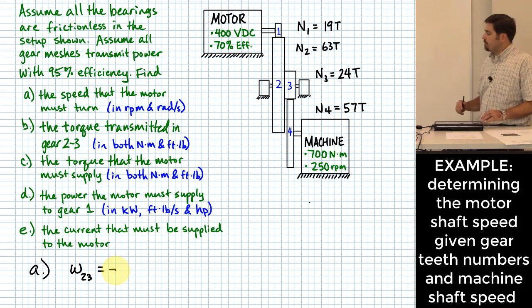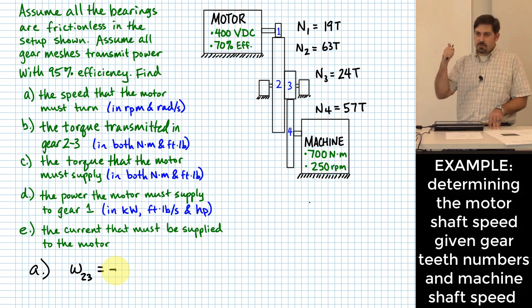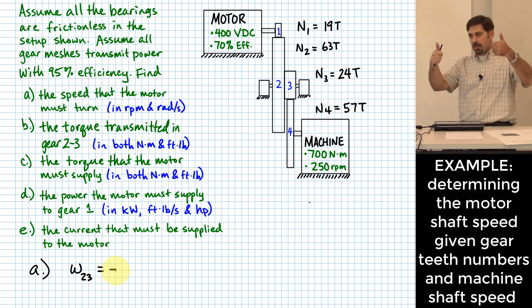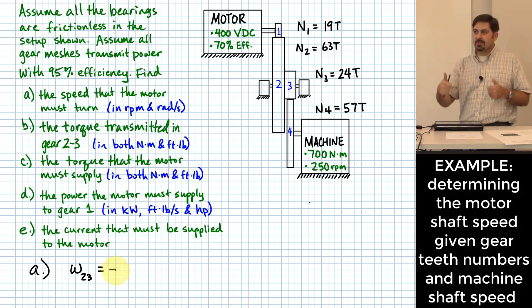I very seldom go back and look at the equations that I derived just a few minutes ago for numbers of teeth and how fast things are turning. What do you think I remember instead? Smaller gear goes faster. Bigger gear has more torque. Smaller gear goes faster, angularly. Bigger gear has more torque.